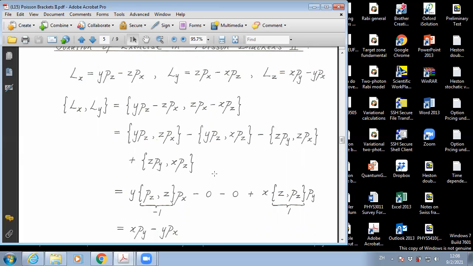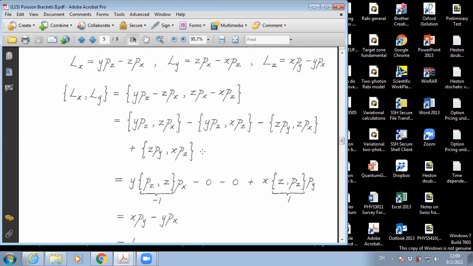The Poisson bracket between Lx and Ly will be evaluated using the arithmetics of the Poisson brackets. We plug in the definitions, and then apply the distributive law, so we have 4 Poisson brackets altogether, and then apply the distributive law to each Poisson bracket.